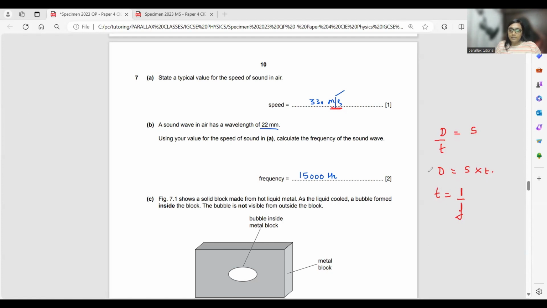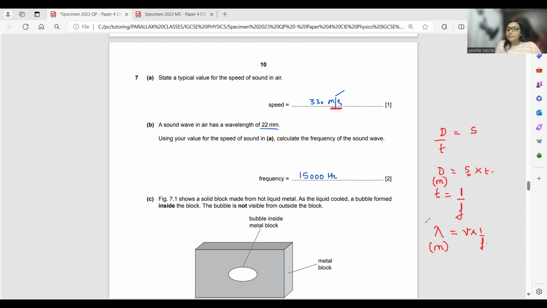Now applying this over here. Instead of distance, remember distance is measured in meters. You can have wavelength of sound because that is also measured in meters. And it's not just sound, it can be the wavelength of any other electromagnetic wave. Okay. So lambda, which is the wavelength, is equal, instead of speed, we'll put v, which is velocity of sound or any other electromagnetic wave, times, instead of t, we can put 1 by f.